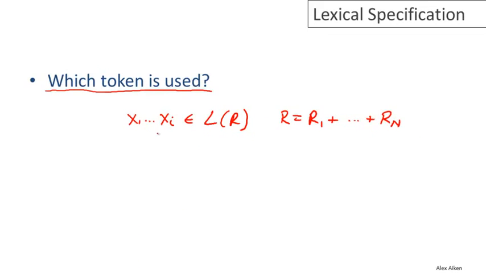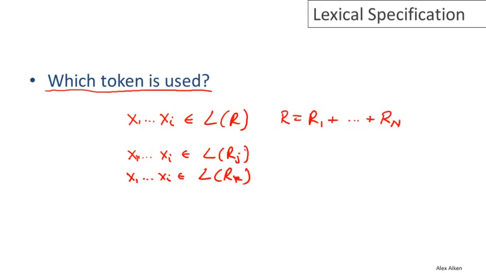Now, since this prefix is in the language of the lexical specification, that means that it must be in the language of some particular token class, Rj. But nothing says that it isn't also in the language of a completely different token class, meaning that this same string could be interpreted as one of two different tokens. And the question is, if this happens, which one should we pick?